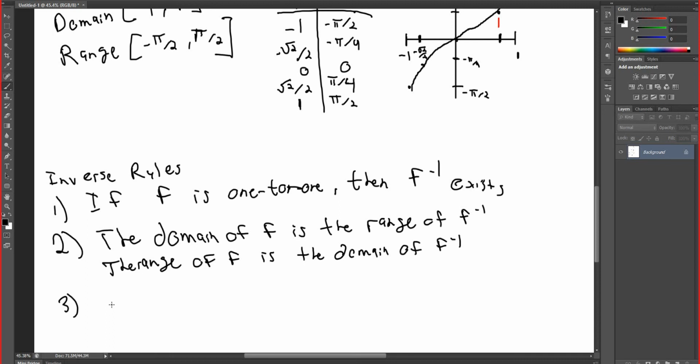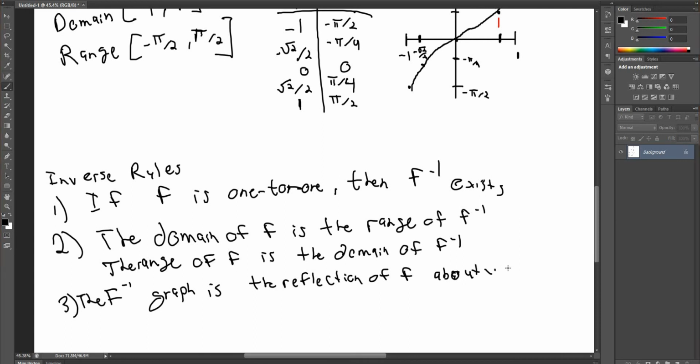Rule 3 is, sorry, the f inverse graph is the reflection of f about y equals x.